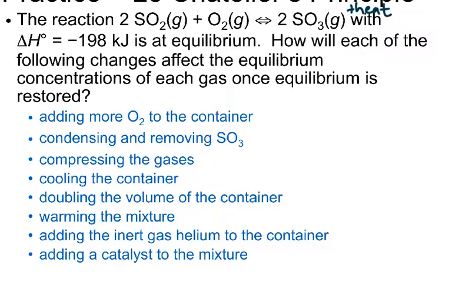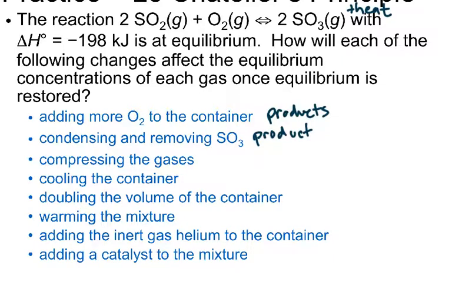If we add more oxygen to our container, we're going to shift to get rid of the oxygen, so we're going to shift towards products. If we condense and remove our SO3, we're getting rid of a product, so we're going to shift to form more SO3 and again favor our products.